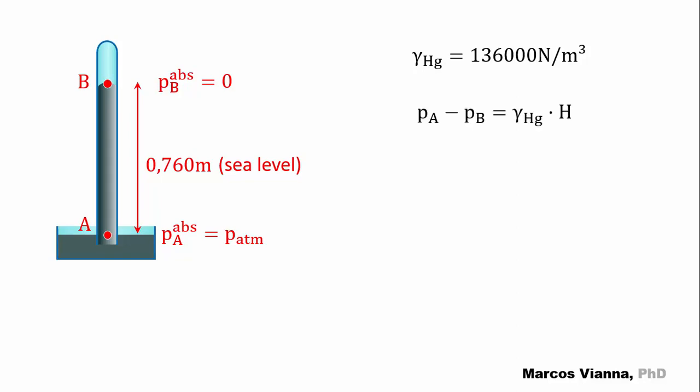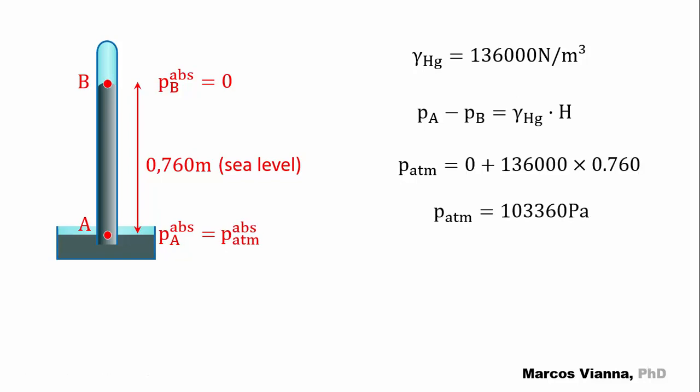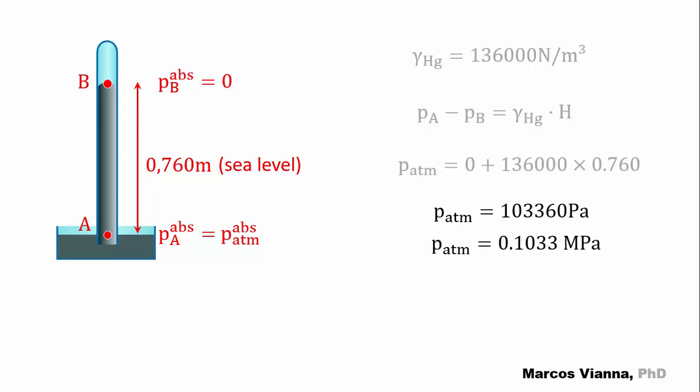So, applying Stevin's law to this case, with the substituted numerical values, we find the value of the corresponding atmospheric pressure, 103,360 pascals, or 0.1033 megapascals as you wish.